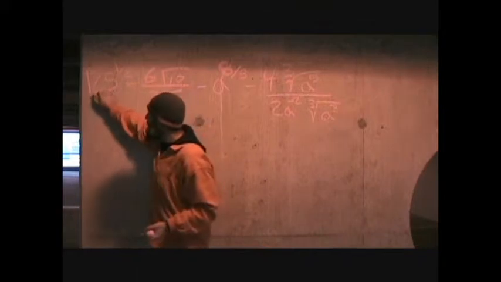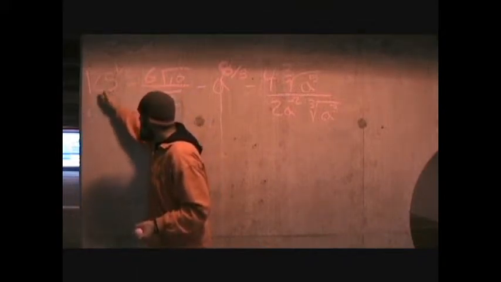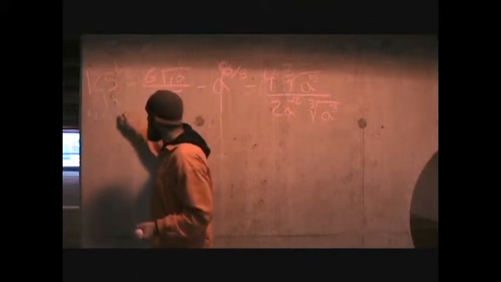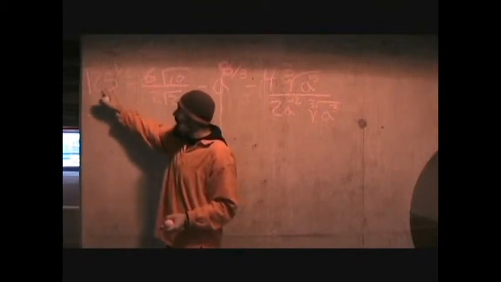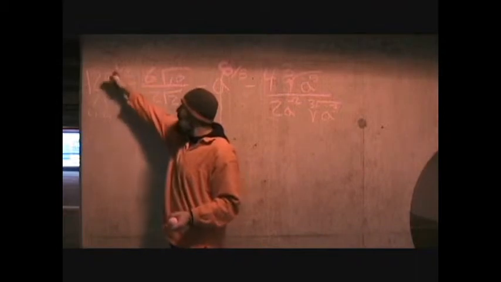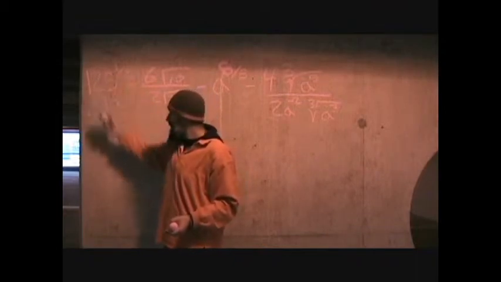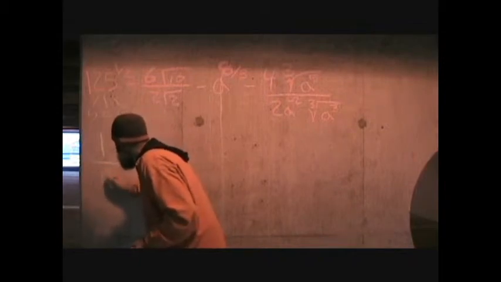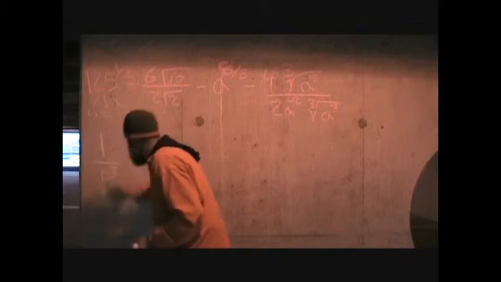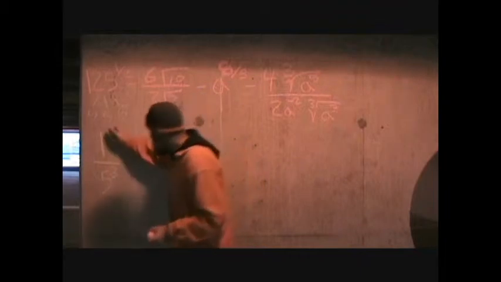Now 125 is 5 times 5 times 5, which is just 5 cubed, right? Now, I want to kick this down to the denominator, so I'm going to apply a negative sign to the exponent. So this is going to be 1 over 5 cubed. Okay, let's put this in the bracket.